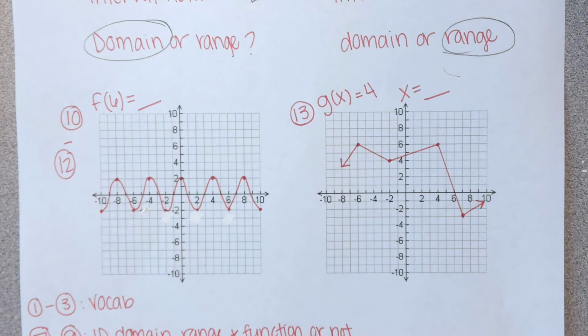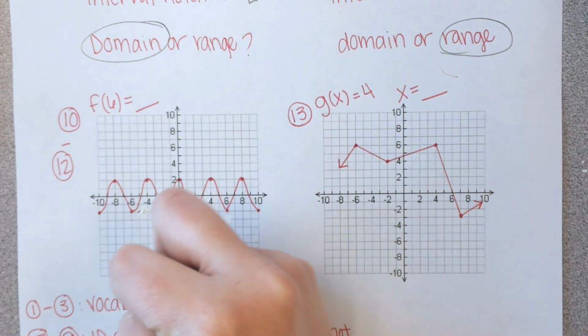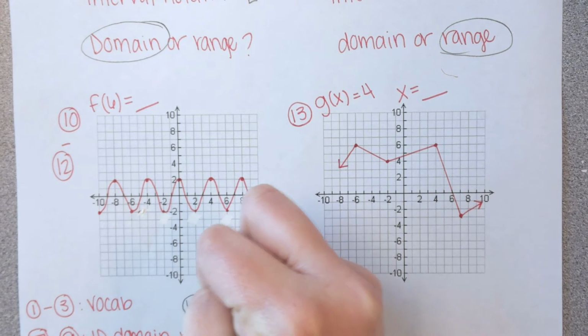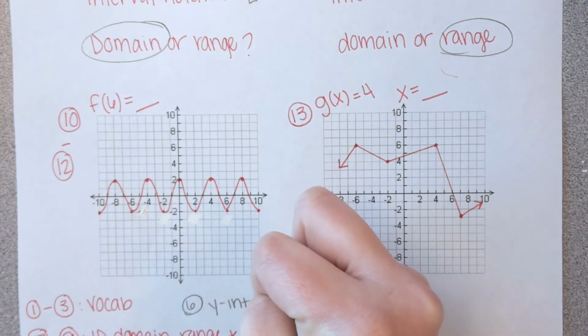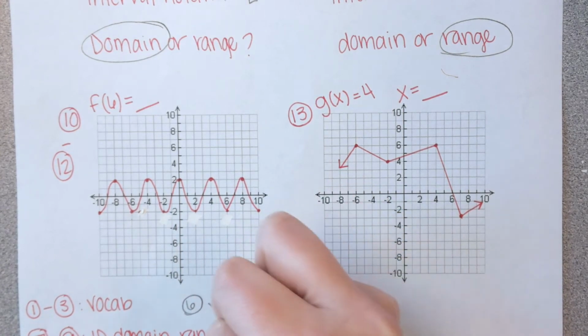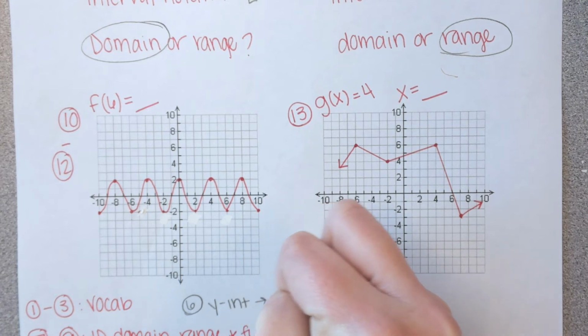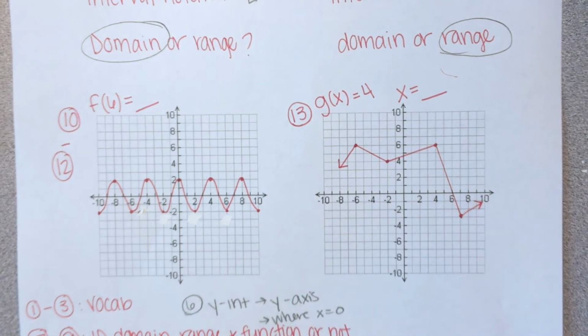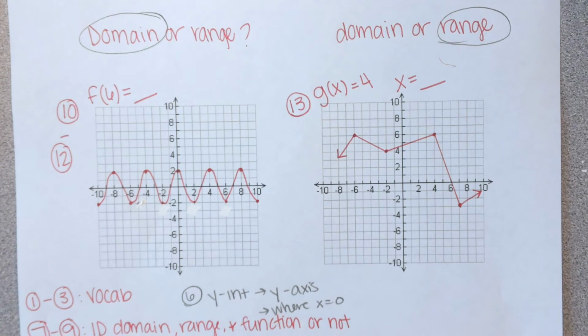So you need to remember, for question 6, I'll make a little note: the y-intercept is on the y-axis, and it's where x equals 0. Okay? So think about that. You might have to think about a function, think about your x values, if they can be repeated or not, and that should help you with number 6.